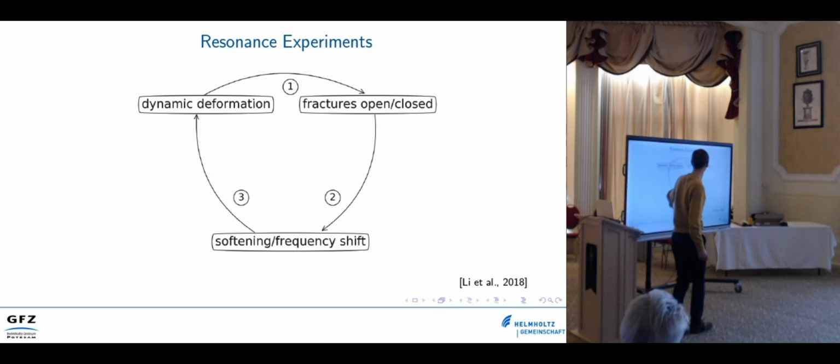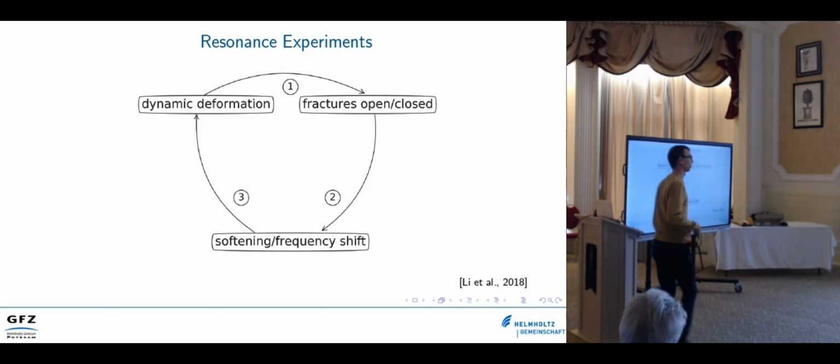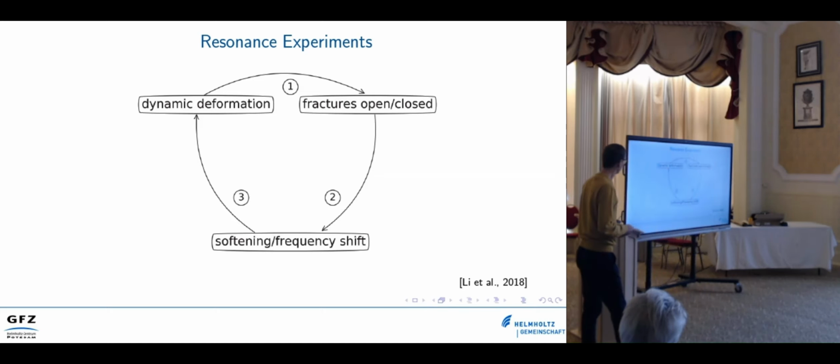So you go from the softening and the frequency shift to the, we start here. From the dynamic deformation, you open the fractures, you soften the sample, you change the deformation, you open more fractures, and so on. So there's a coupling between that.